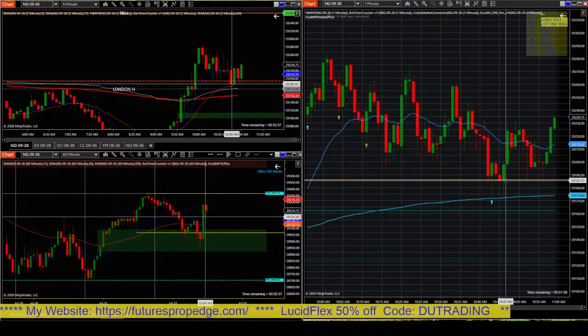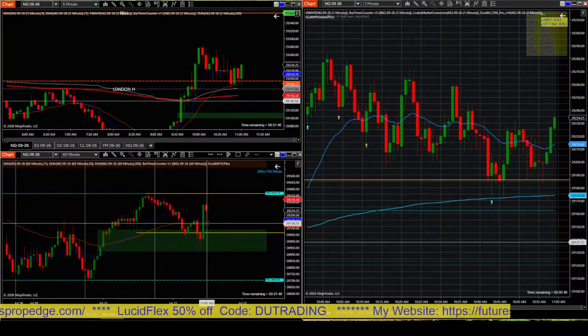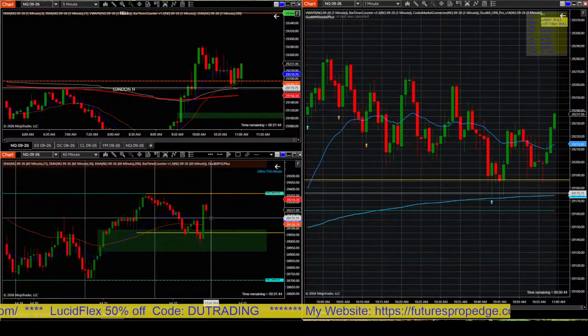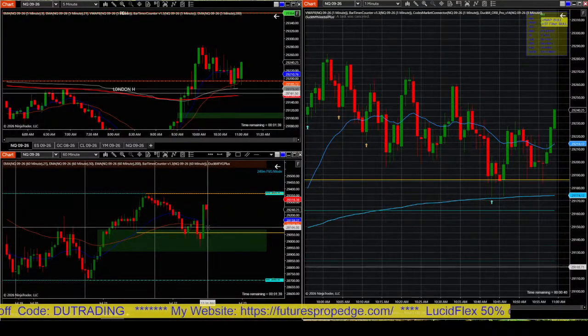Maybe if you're trading micros, if you're trading MNQ, you can enter early with a large stop. But other than that, we don't want to do that. With a new hourly candle, there's no guarantee that it's just going to come up. It's supposed to go slightly down to create a wick before pushing up.